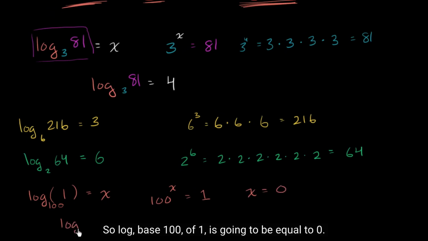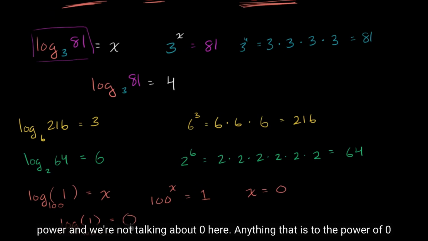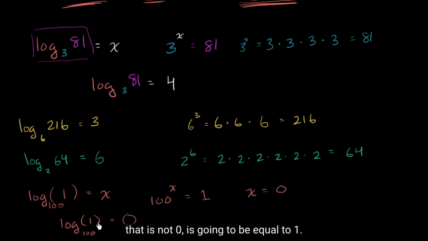So log base 100 of 1 is going to be equal to 0. Log base anything of 1 is going to be equal to 0, because anything to the 0th power, and we're not talking about 0 here, anything to the 0th power that's not 0 is going to be equal to 1.